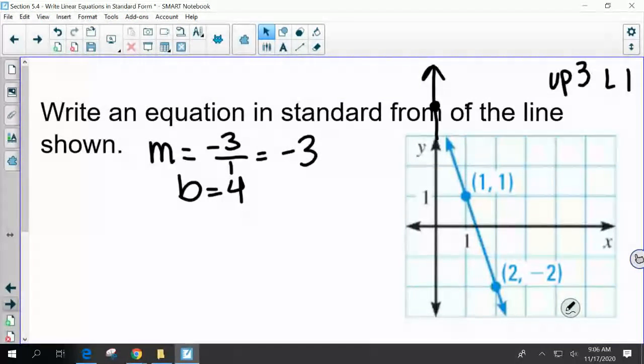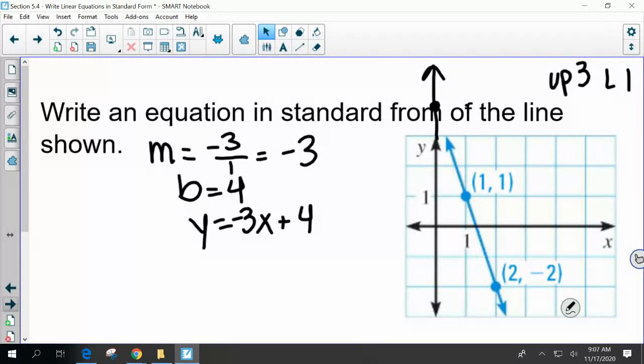To me, that's easier because it's just right off of our graph than having to do a whole other equation to solve for B. Okay, so I'm gonna write this in slope-intercept form to start off with. So y equals negative 3x plus 4.